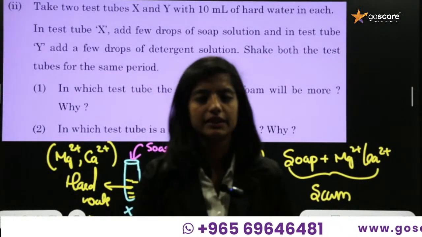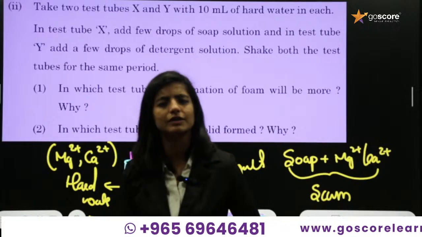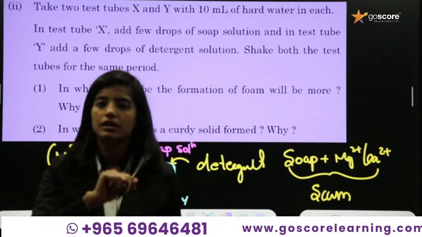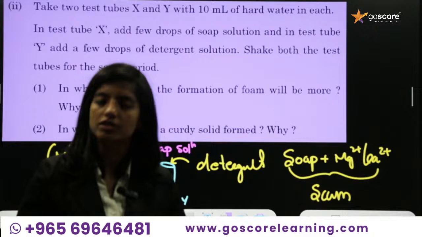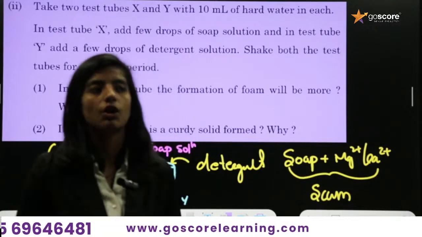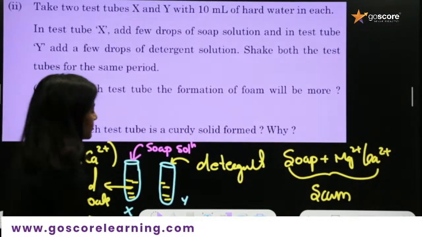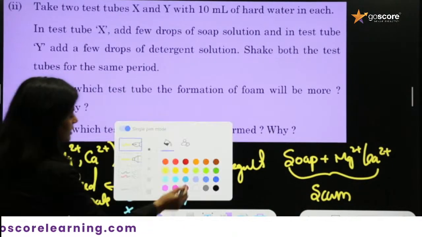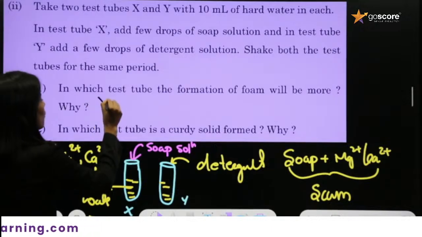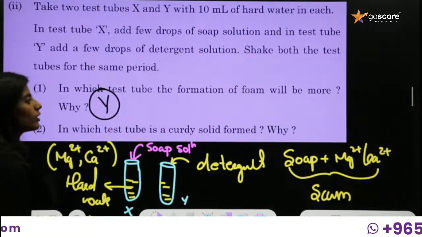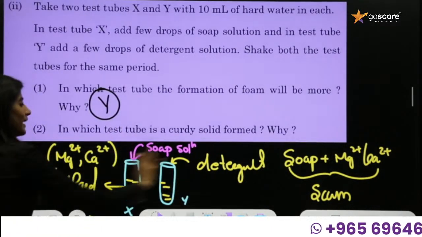Detergent will not react with Mg2+ and Ca2+ to form the scum. There is no such reaction taking place in the case of the detergent. So all the detergent is available to form the foam, right? Test tube Y will be having more foam, and explain these reasons.